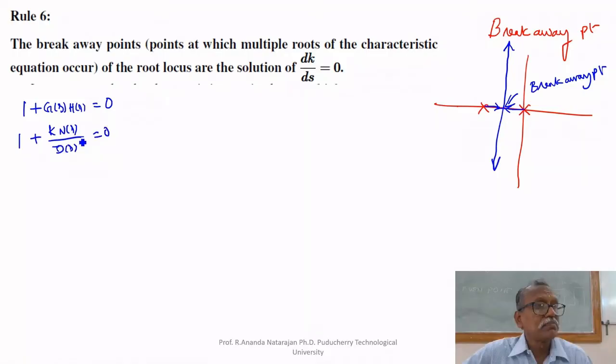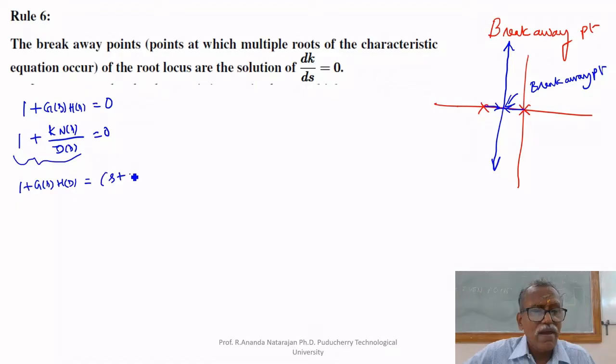Suppose this characteristic equation, 1 plus G(s)H(s), is equal to (s plus b) to the power r multiplied by X(s). The characteristic polynomial is written like that.